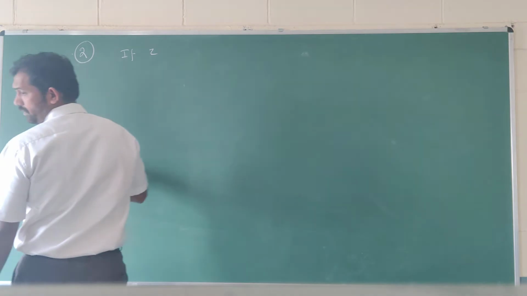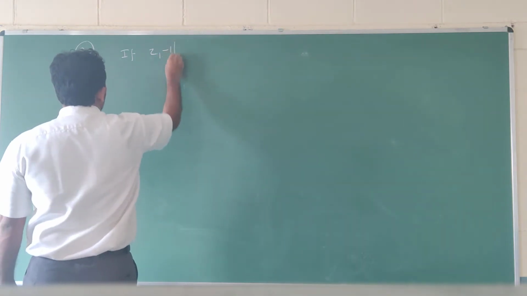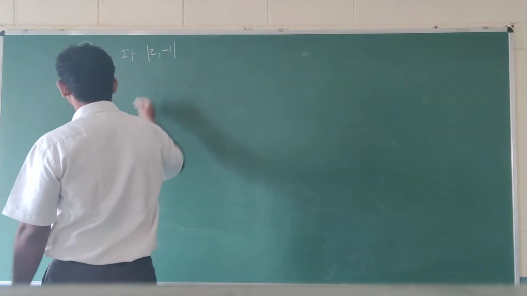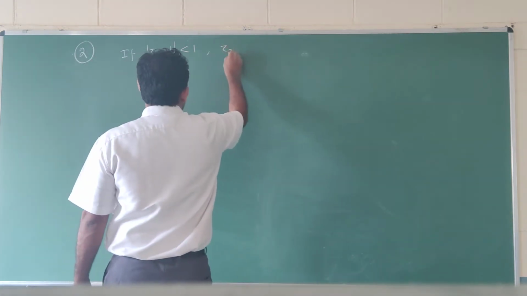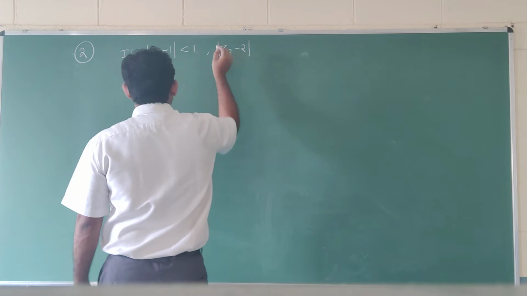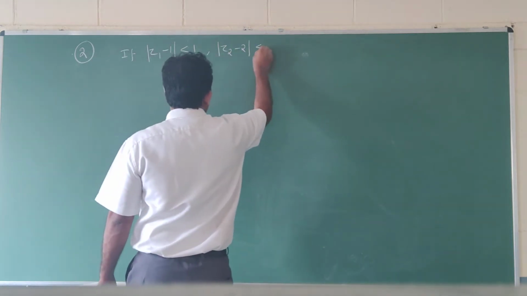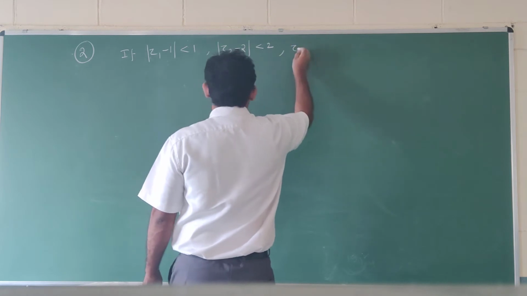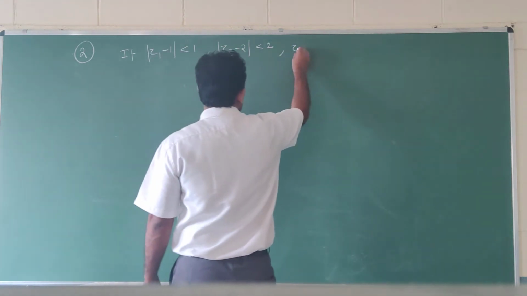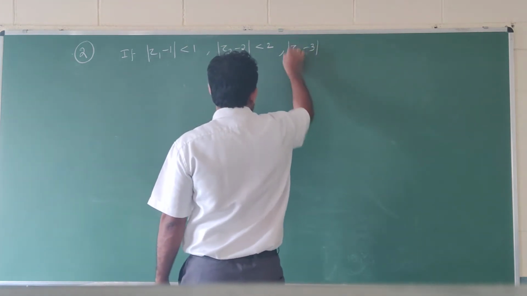Modulus of z1 minus 1 less than 1, modulus of z2 minus 2 less than 2, and modulus of z3 minus 3 less than 3 are given.